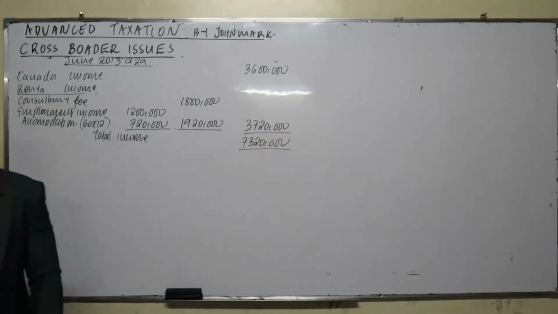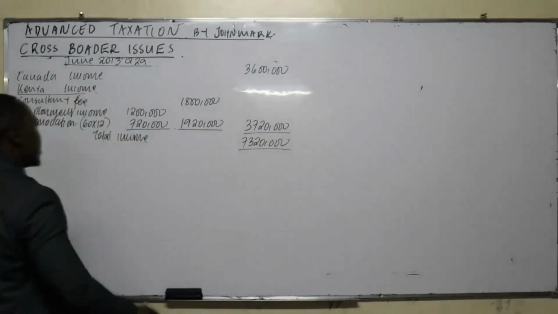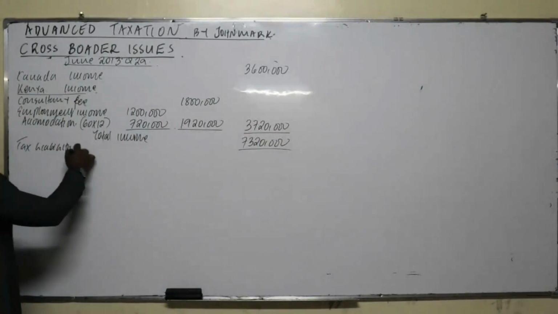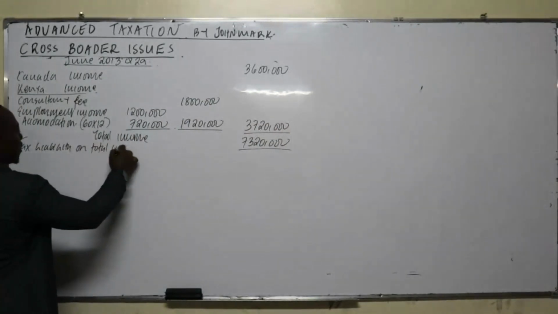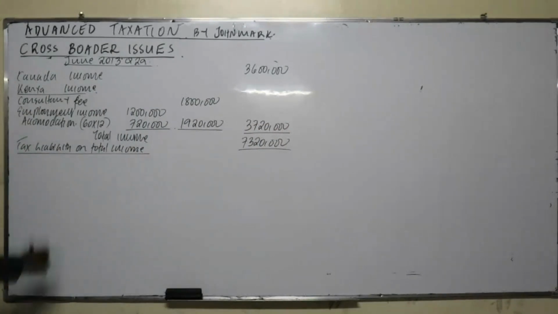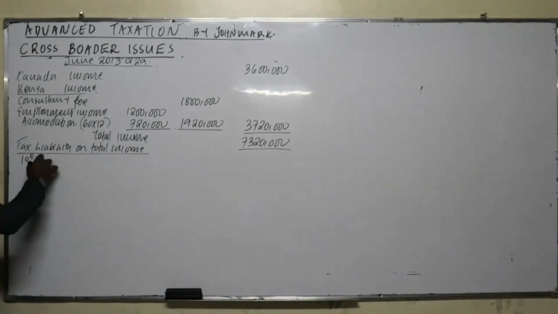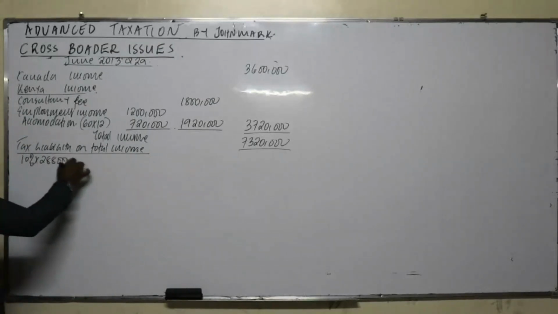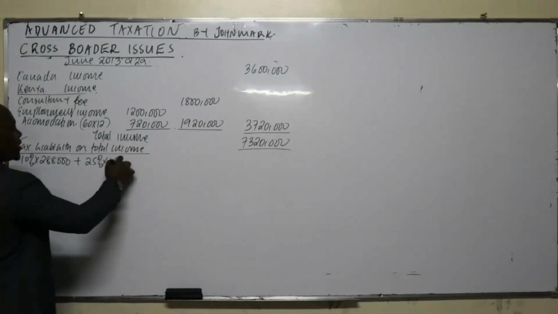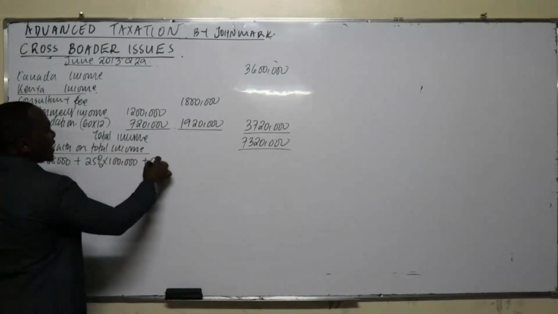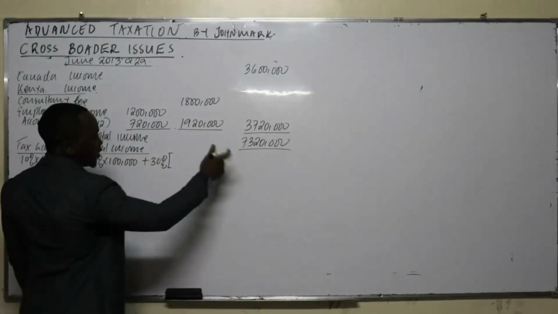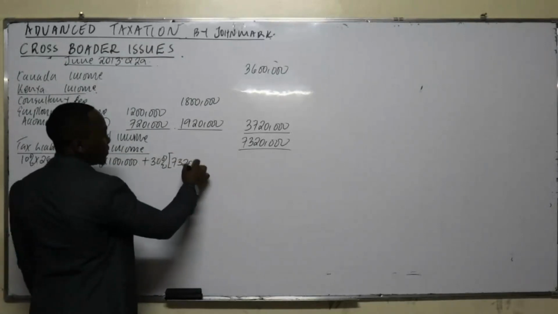Step number 4, determine the tax liability on the total income. So we determine the tax liability on total income, using the graduated scale rate of tax: 10% for the first 288,000, 25% for the next 100,000, and then 30% of anything in excess of 388,000. So we are assessing the total income, which is 7320.